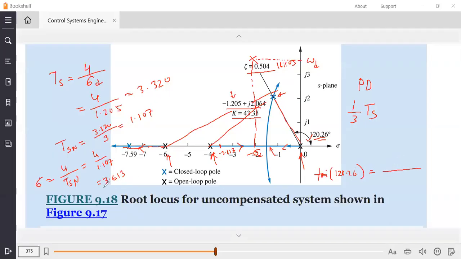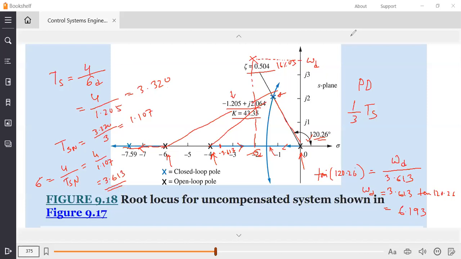The base we already calculated, 3.613, and the height is omega d. So omega d should be equal to 3.613 tan 120.26, which will give you 6.193. So you have some point here.